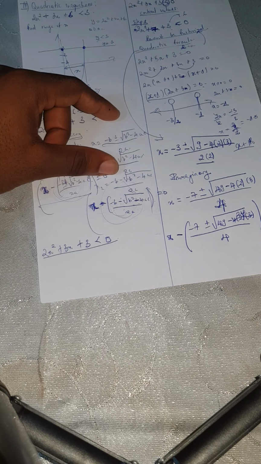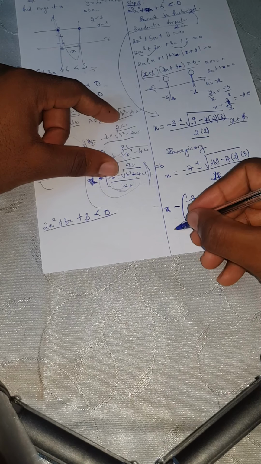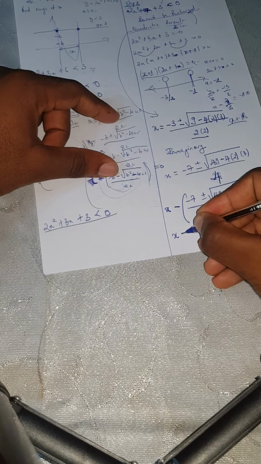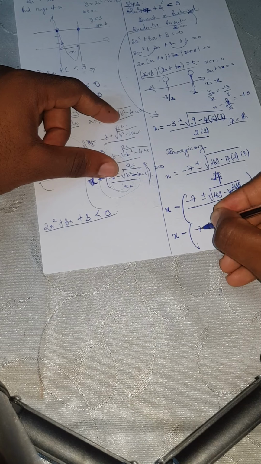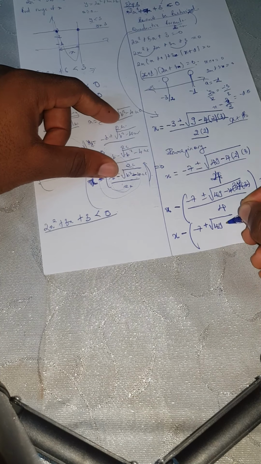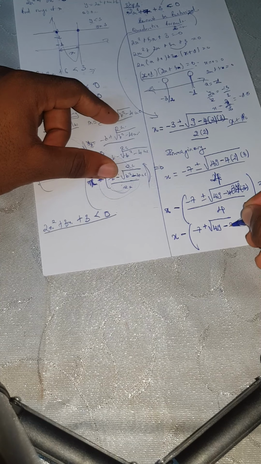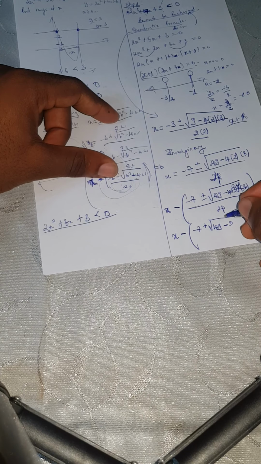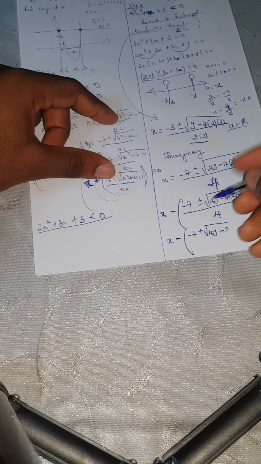So I can have a factorizing method in this case that is as such: x minus negative 7 plus the square root of 49 minus 24. 49 minus 24 gives me 25.